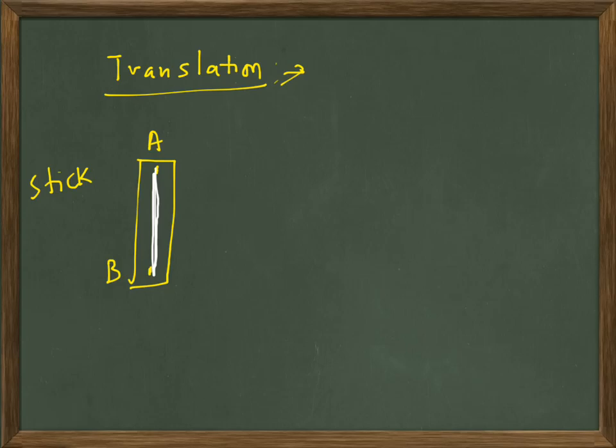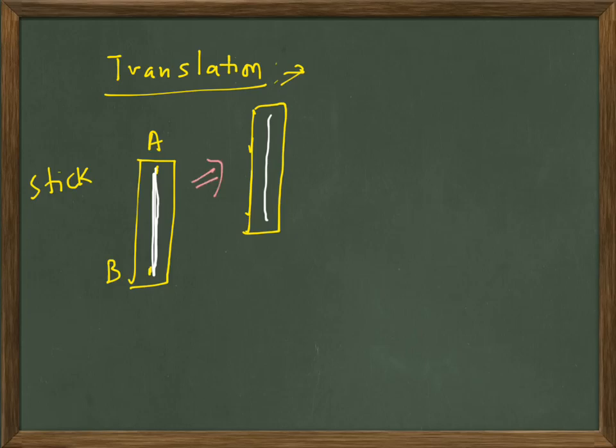Now if the stick moves in such a way that the line joining these two particles does not change its direction, for example, if the stick came to this position, the line joining A and B is still vertical only.